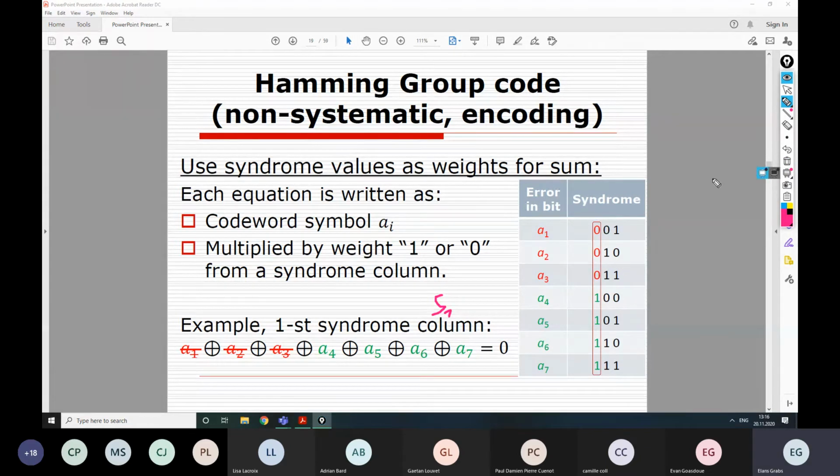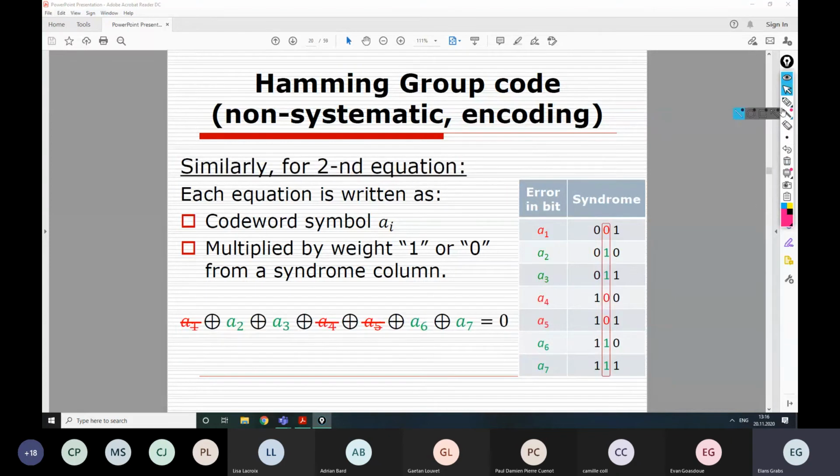Similarly, we are doing that for the 2 remaining columns. So, for the second equation, we have A2, A3, A6, and A7 with 1 in the column of the syndrome. Yes, you can see here is 1, 1, here, and here. Other symbols have zeros.